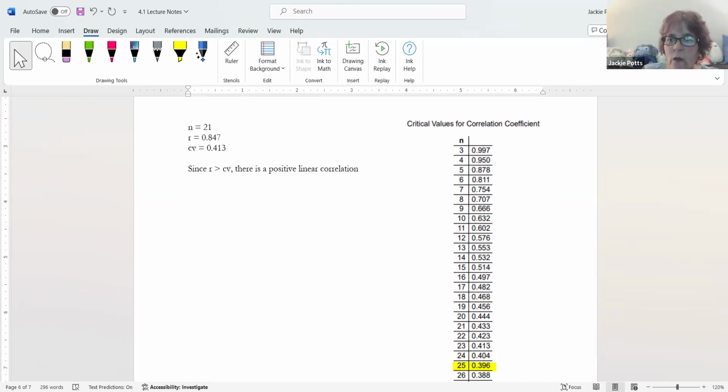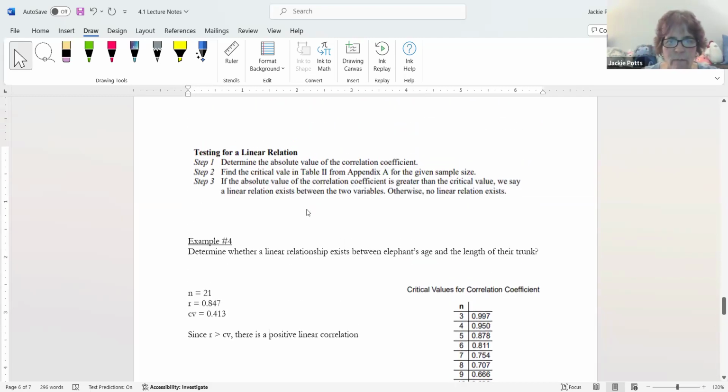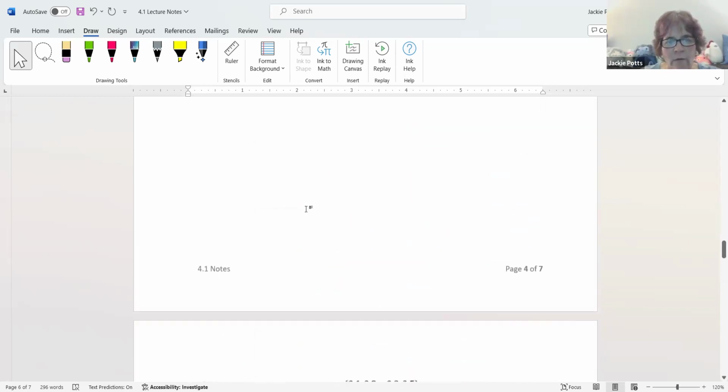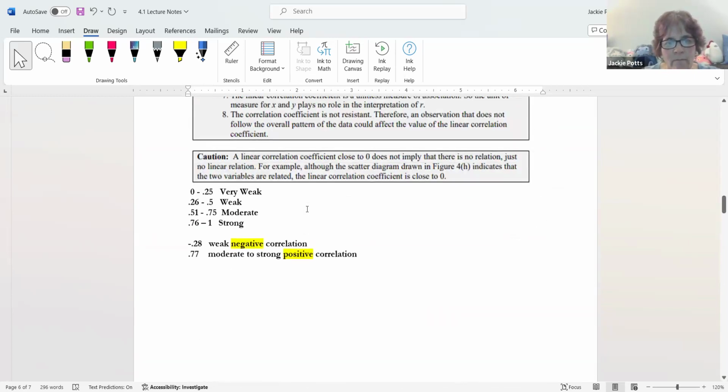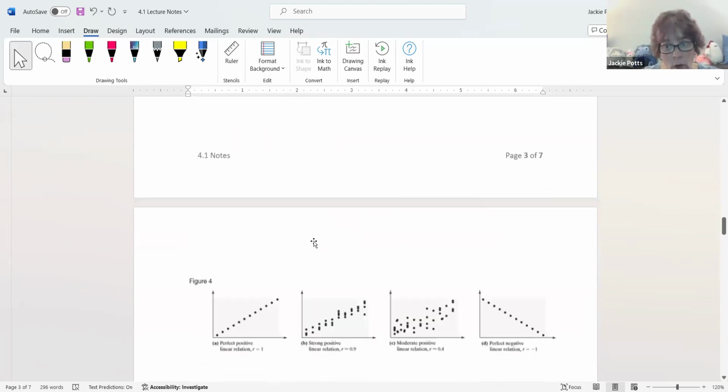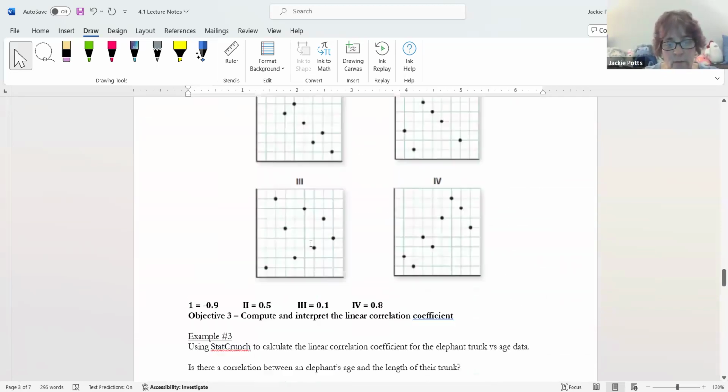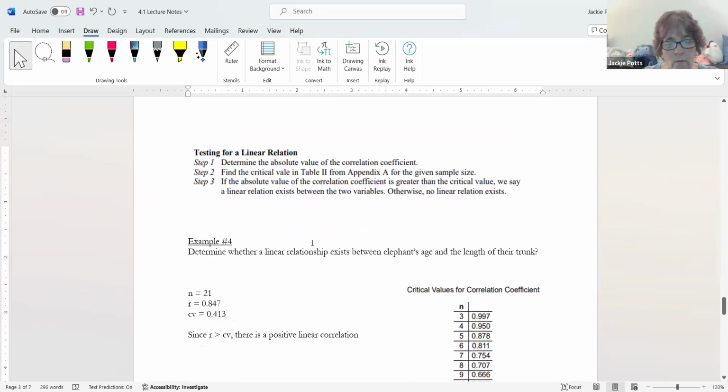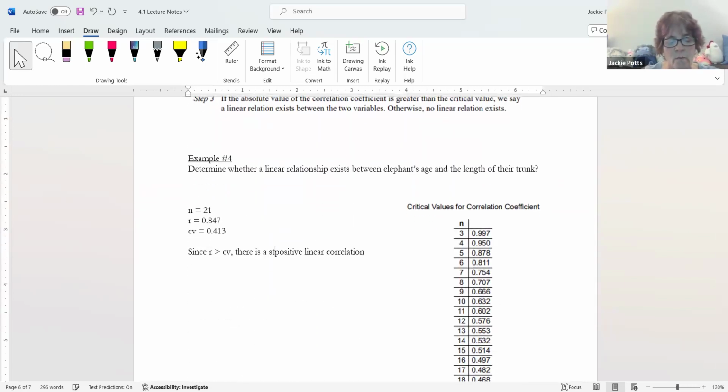However, remember that chart? What's the strength of the correlation? Well, at 0.847, I would say it is a strong positive linear correlation.